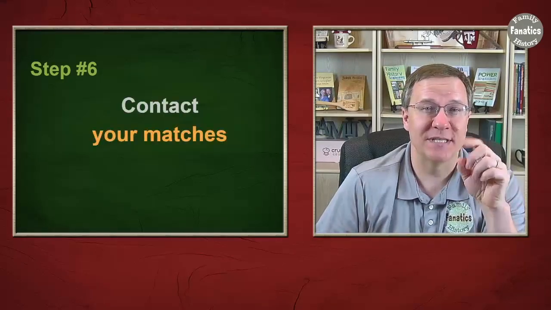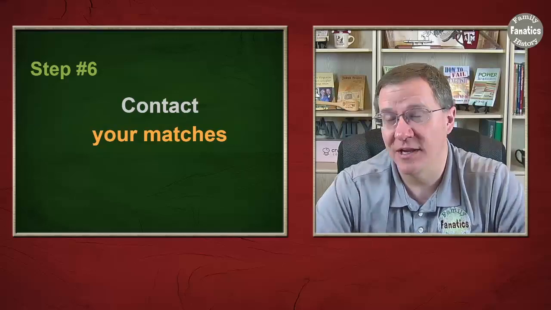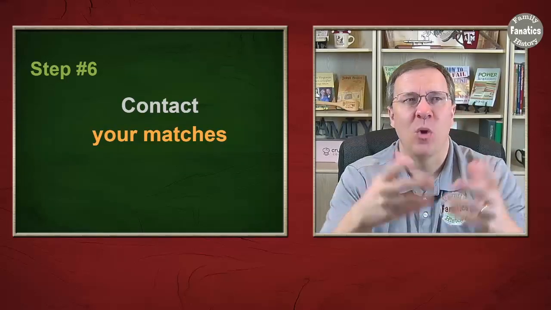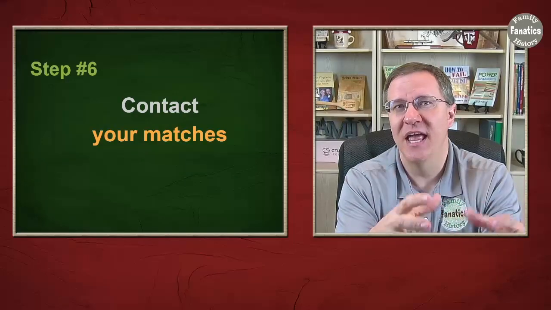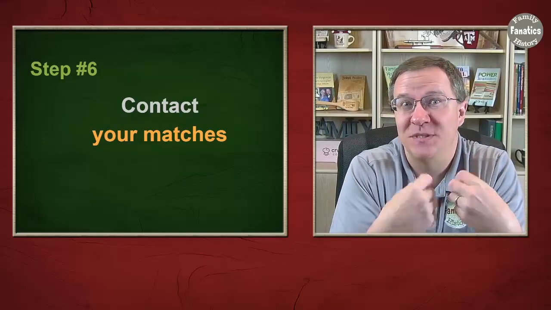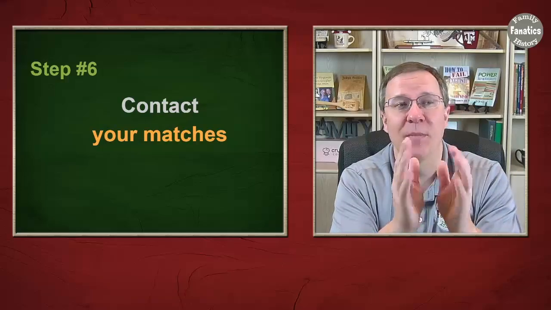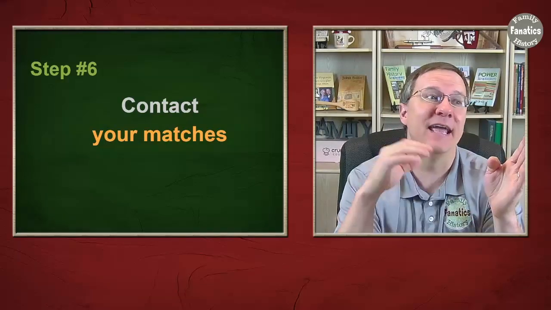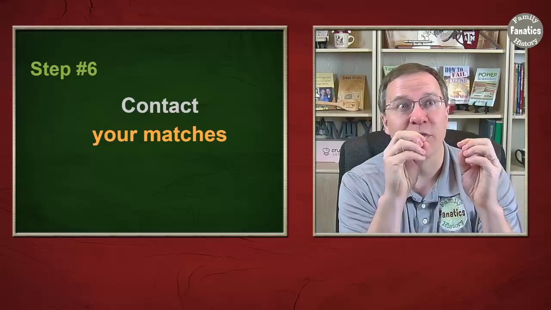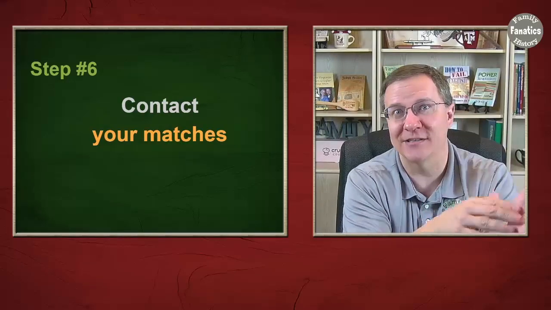We get to step 6, which is to actually now go and start contacting those matches. Why wait until now to contact the matches? Well, because we're going to have more information that we can provide to them as far as specifics of what we're looking for. We might know now, hey, this is on my grandmother's line and they were from Ireland. Well, that's 2 points that I can actually ask about.